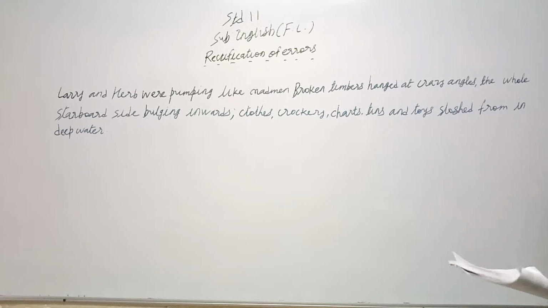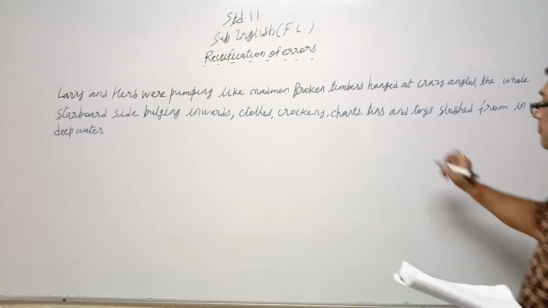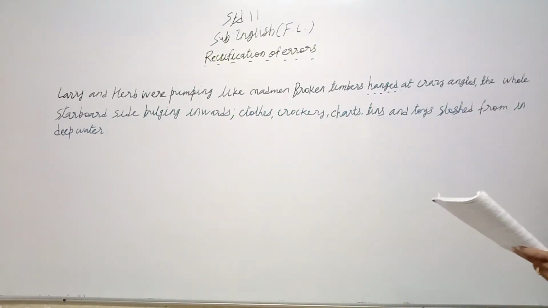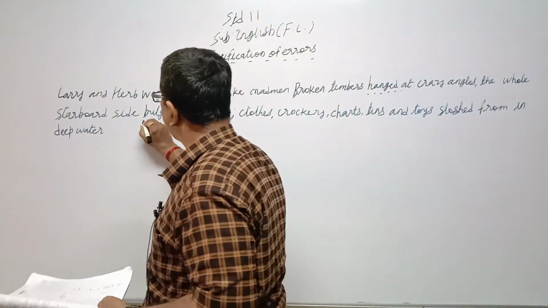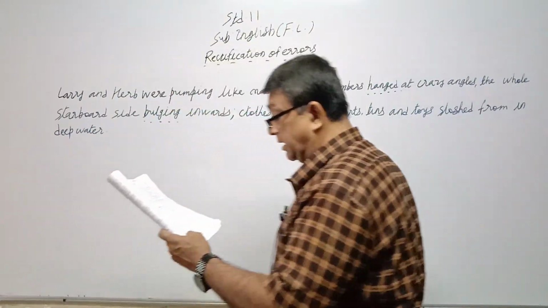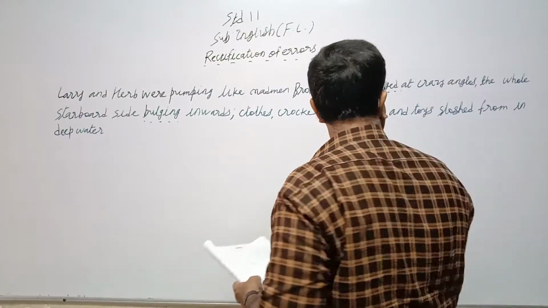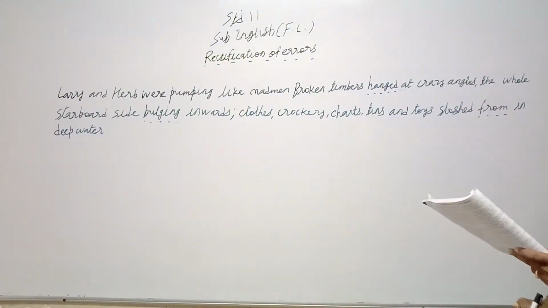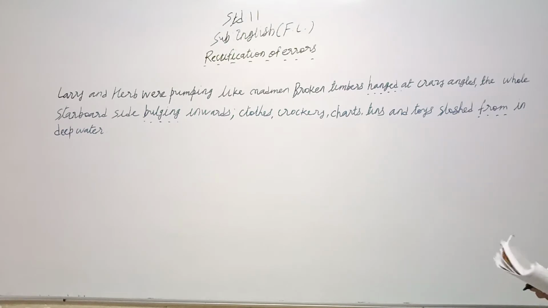First, there is hanged. Here is the error. Second, bulging. Here is the error. And third, from. Here is the error. So you will have to find out what the error is.